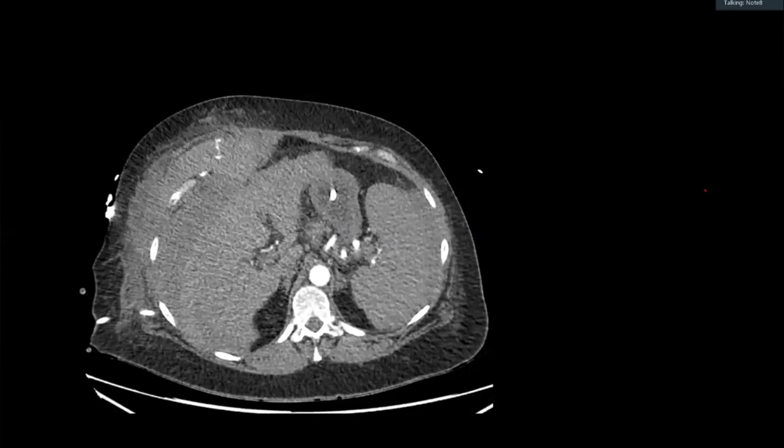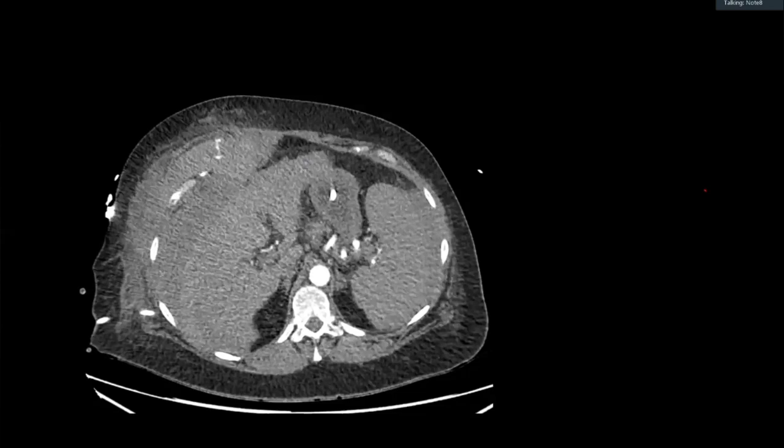Sir, I'm provided with a single axial CT abdomen image with contrast, and I can appreciate that there is evidence of ascites, and the tip of a metallic tip is noted within the stomach, and there is significant soft tissue thickening around the right anterior and lateral abdominal wall with evidence of ascites, and few calcific foci, and stranding in the subcutaneous tissue is also noted, could be due to post effects of the radiofrequency ablation.